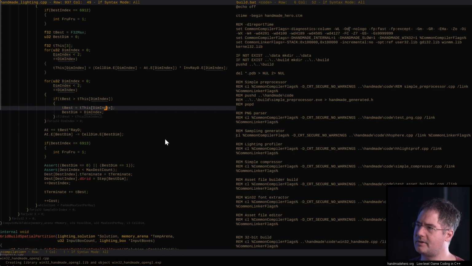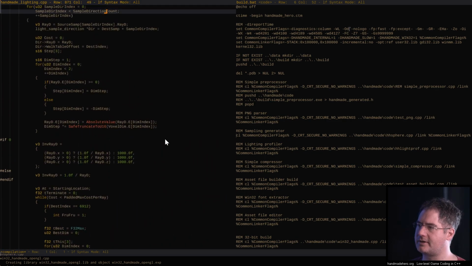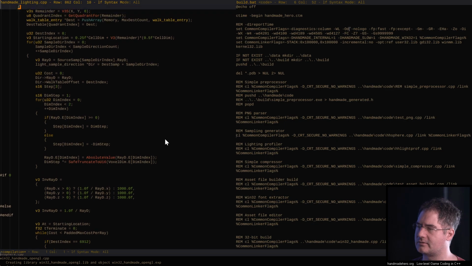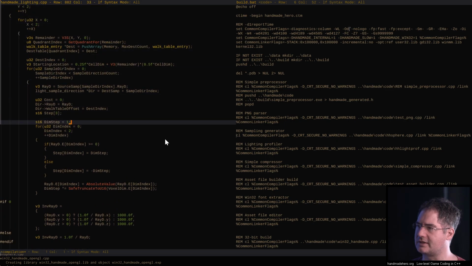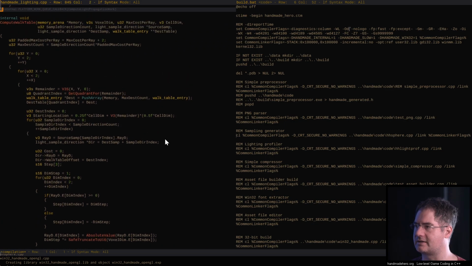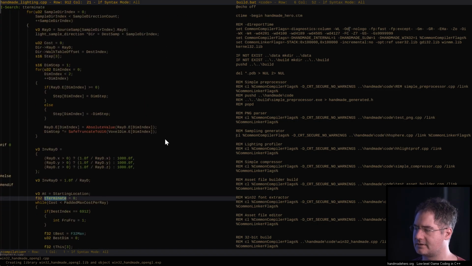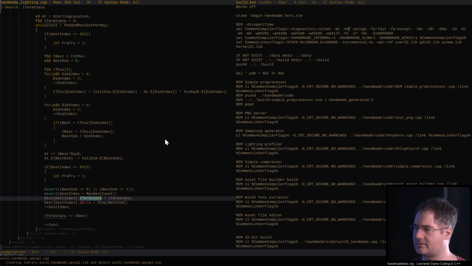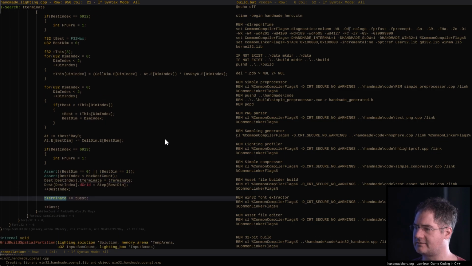You still would, shouldn't you march? I guess the problem would be if T terminate is picked incorrectly, which it obviously is. And how is T terminate set in the case where it was going to be 0 like that? T terminate is 0. T terminate gets updated by T best.